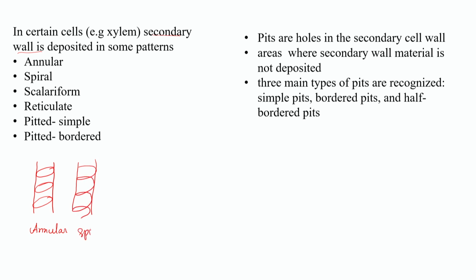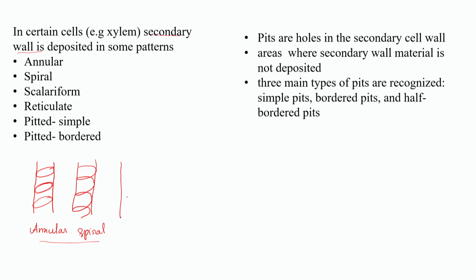We can see here that cell wall thickening is present only at those places, whereas the rest does not have cell wall. So, in these two types of thickenings, some sort of elongation or growth is possible, because there are many areas where secondary cell wall thickening is not present.